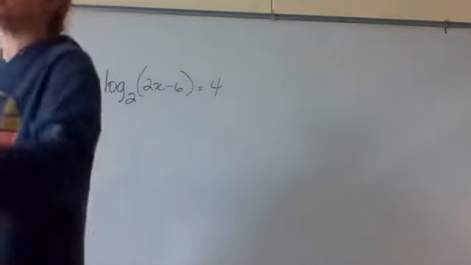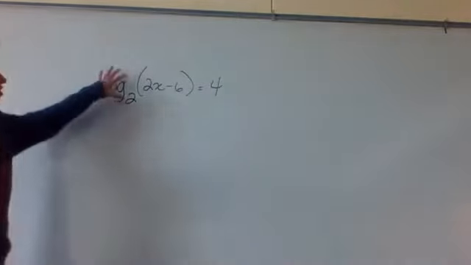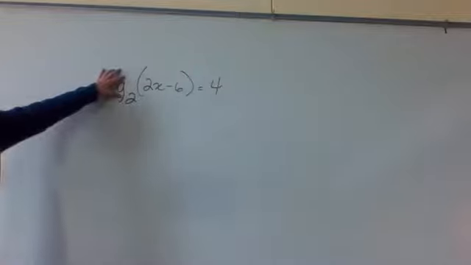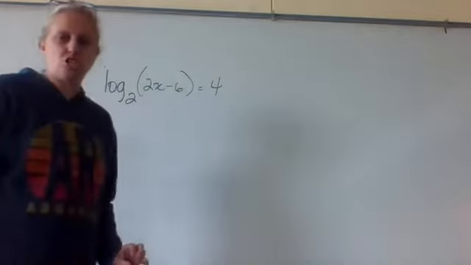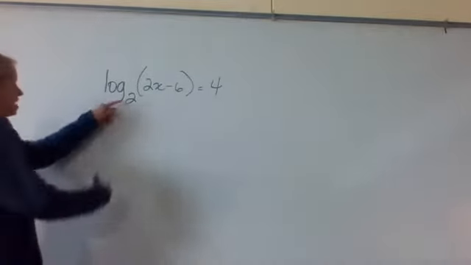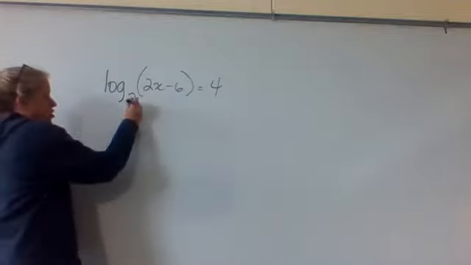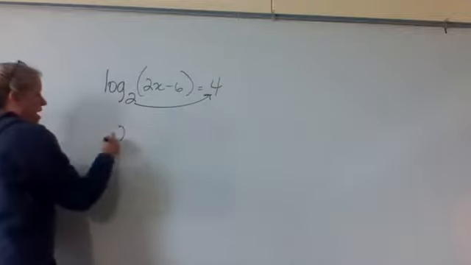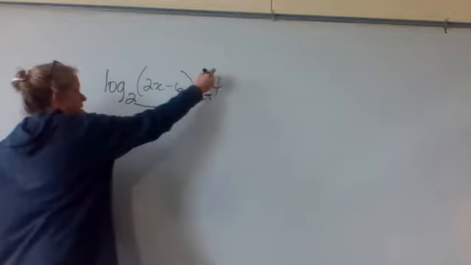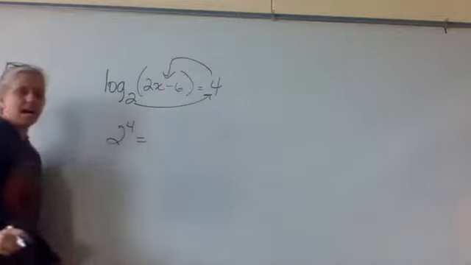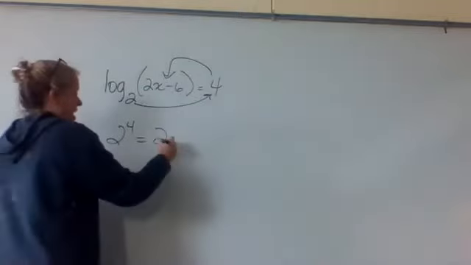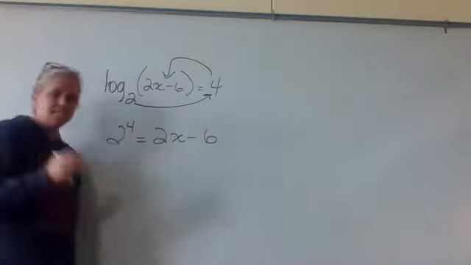Anytime yours starts out as a log and it's just got this one log, you're going to change it into an exponential equation, right? Because I can turn this and say, well, this also says 2 to the 4th power is equal to whatever you're taking the log of, which is 2x minus 6.